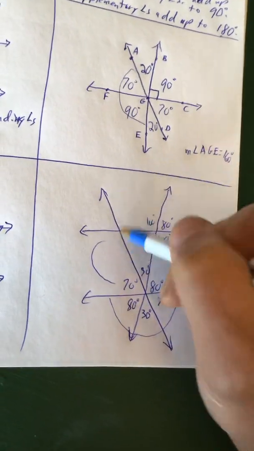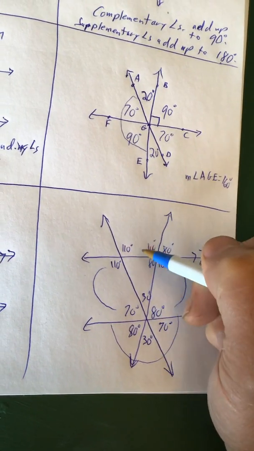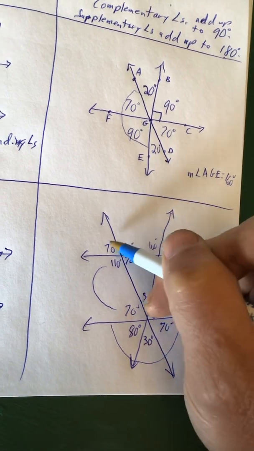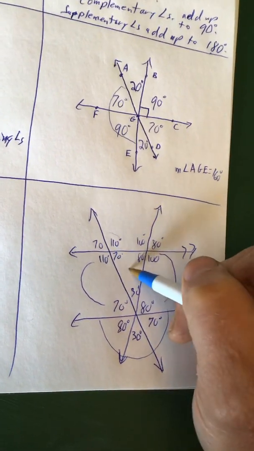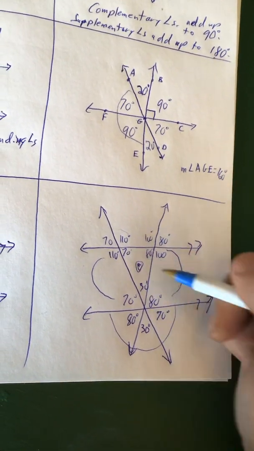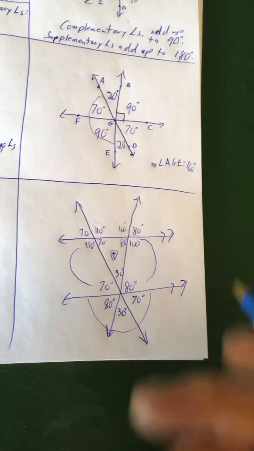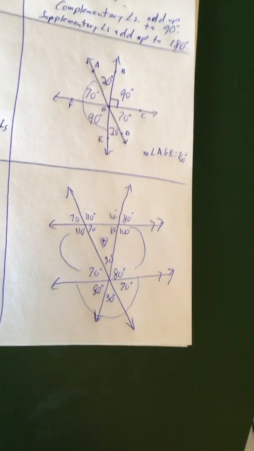Same side interior, they have to add up to 180. And then this is vertical, and this has to be 70, and this has to be 70 because these are vertical and these are supplementary. And what do you think all the angles in this triangle add up to? They add up to 180, so there's my check. So I'm right, and I know I'm right. Hopefully you did a good job with that, and it'd be something to study there.